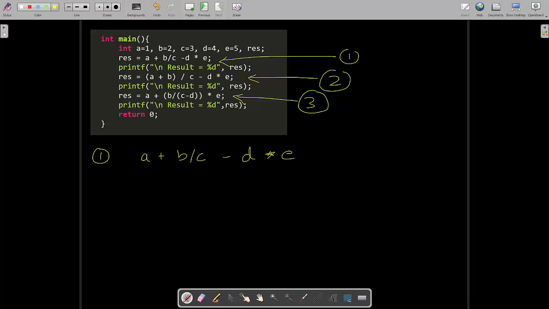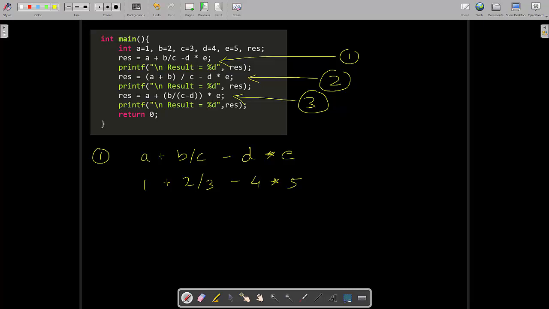Now the values of a, b, c, d and e are given, so first of all we will substitute these values: a equal to 1, b equal to 2, divided by c is 3, minus d is 4, into e is 5. Again we have to remember that the precedence of the operator is very important.